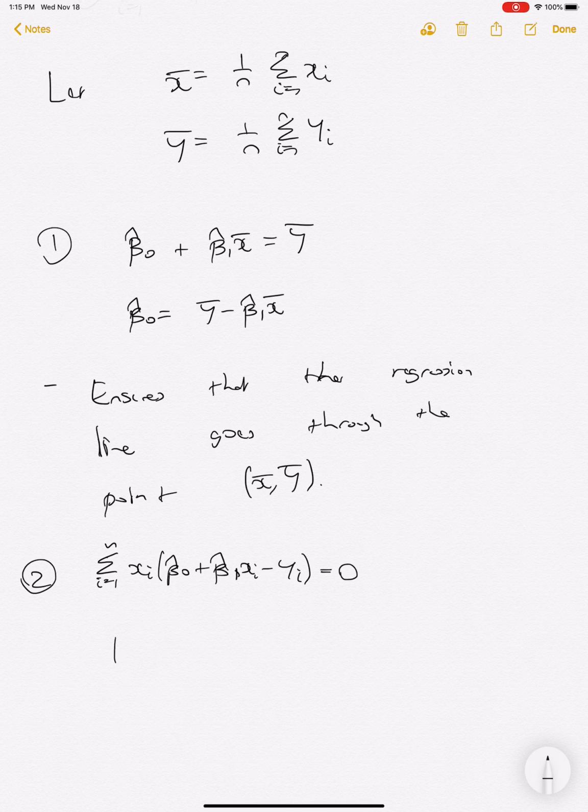And we also know that beta hat 0 from the first equation equals y bar minus beta hat 1 x bar, and that's from equation 1.